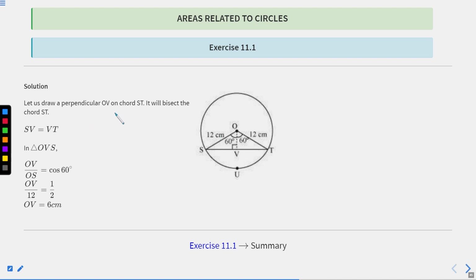Let us draw OB perpendicular to chord ST, and it will bisect the chord ST, so SB is equal to BT. In triangle OBS, OB divided by OS is equal to cos 60 degrees, so OB by 12 is equal to 1 by 2, and OB is equal to 6 centimeter.